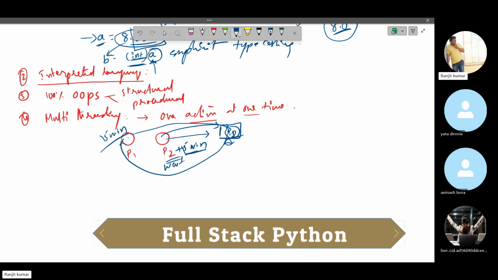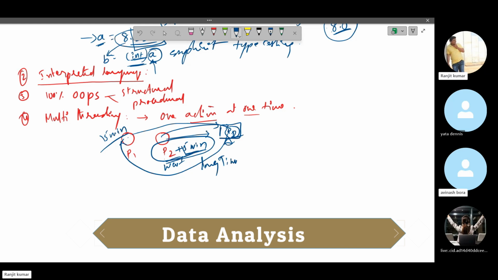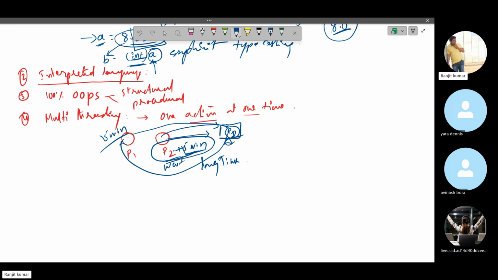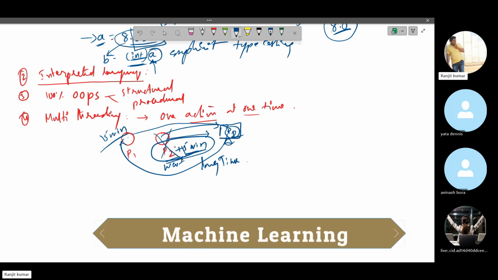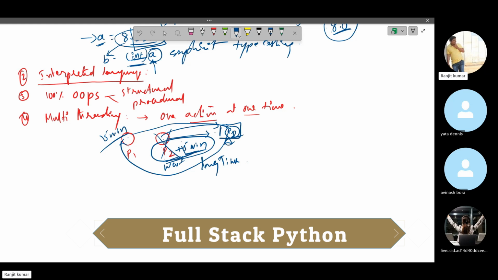This is very important to understand. That is a very long time. What happens when a process waits a very long time? P2 will be dead. That means when I send two processes, because of the long waiting period, P2 will be dead and only P1 will be executed. These are the drawbacks while the system executes.